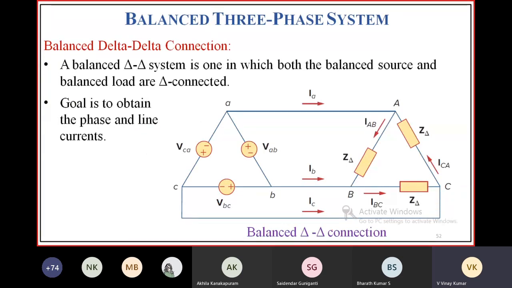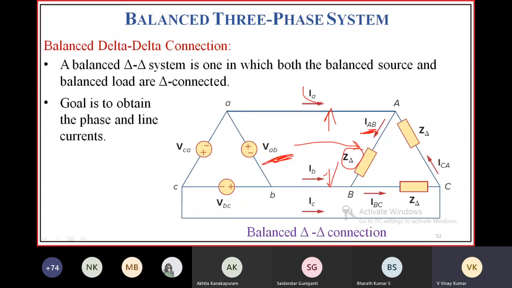Next, delta connection. Unlike the earlier case, here the phase voltage directly appears from our source. So IAB is simply VAB, meaning phase voltage only, by Z delta. You get IAB.